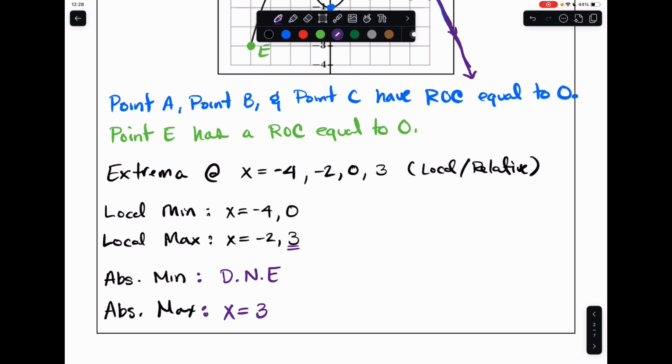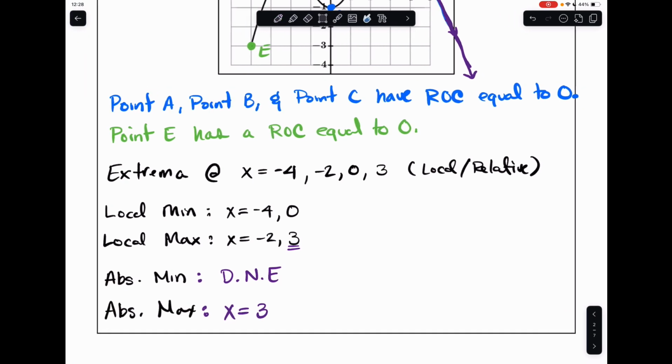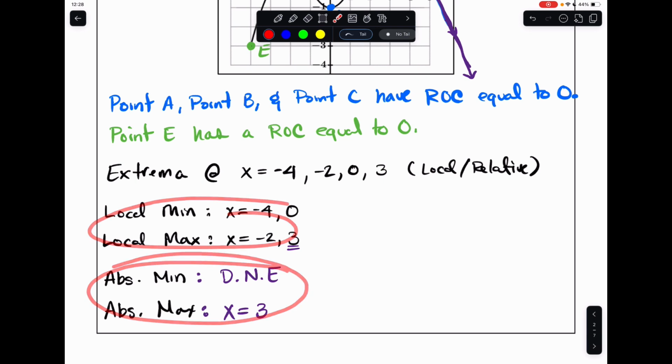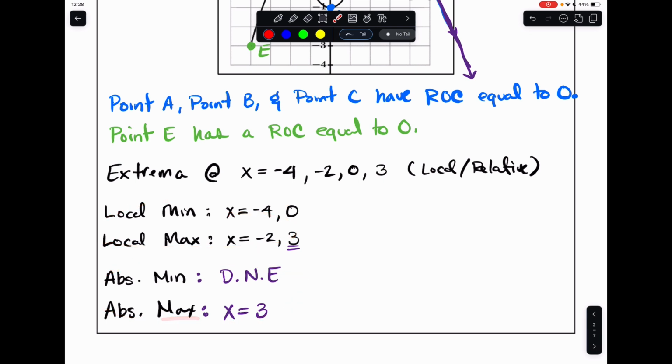So this is again the vocabulary of the difference between how to classify an extrema, and how that correlates to our local max and mins, and how the local max and mins correlate to our absolute max and our absolute min.